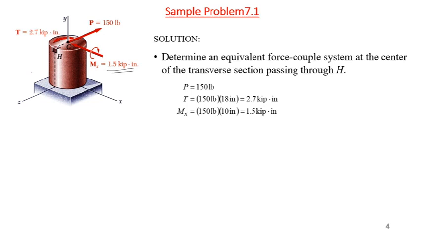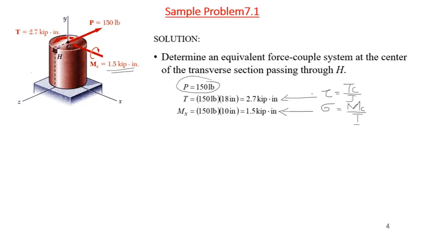Now this bending moment will cause bending stress, and that will be equal to sigma = Mc over I at H, and this torsion load will produce shear stress, and we know that is Tc by J. Now at point H, the shear force due to the 150 pound load will be 0.